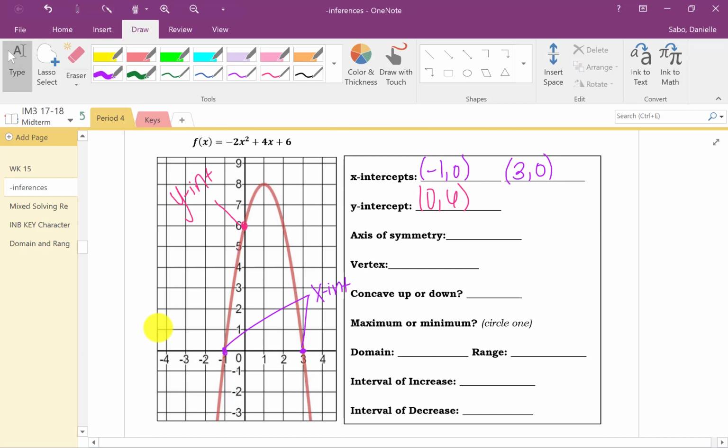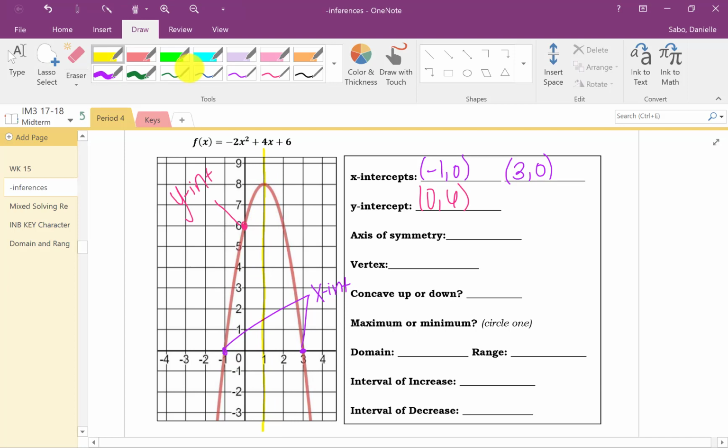Now, trying to remember back from chapter 4, your axis of symmetry is the x value of the vertex. That's basically where you can fold that red function in half and it would be perfectly symmetrical. So that's going to be right here along that vertex.